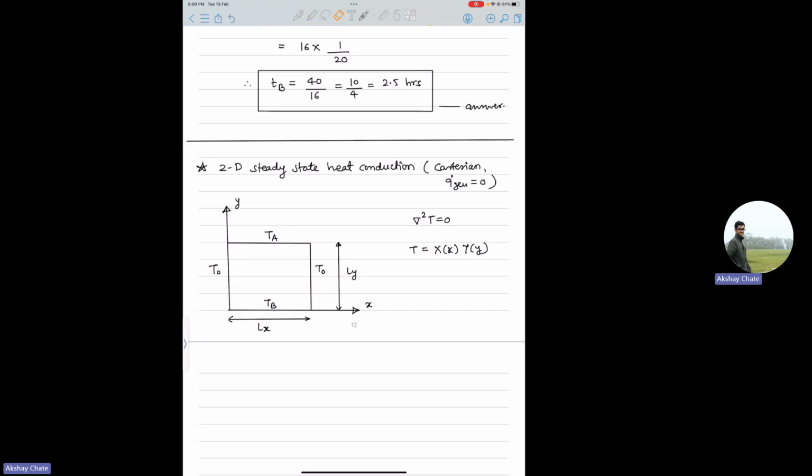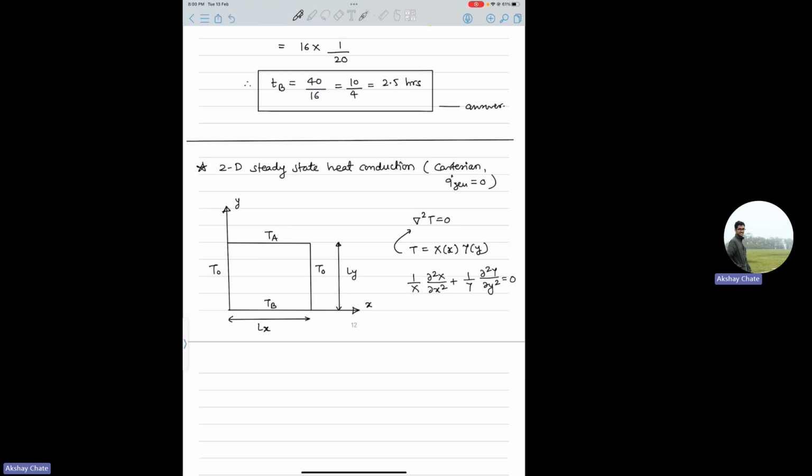Boundary conditions I will maybe write later when you are going to solve it. So basically you put this back in your governing equation here, and you separate the variables, and what you observe is you'll get something like 1 by capital X del square X by del x square plus 1 by capital Y del square Y by del y square equal to 0.